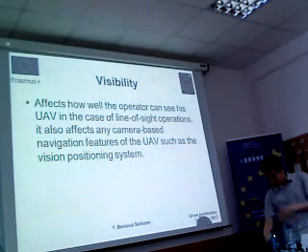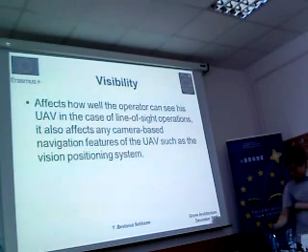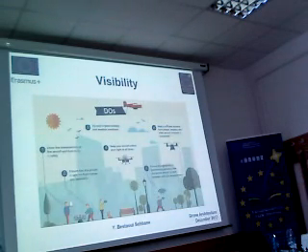The visibility will affect the operator. If we can see the UAV in the line of sight, it means that his eye can see the drone. For the visibility, we have to take care about six points.